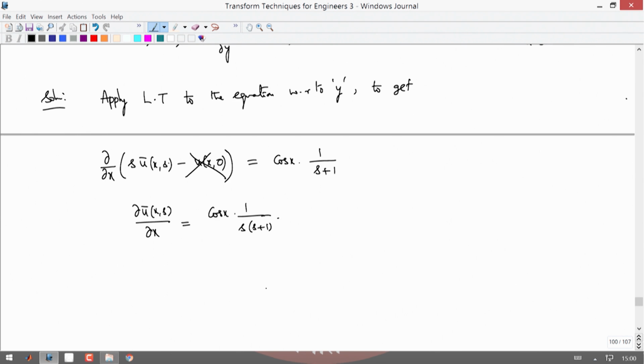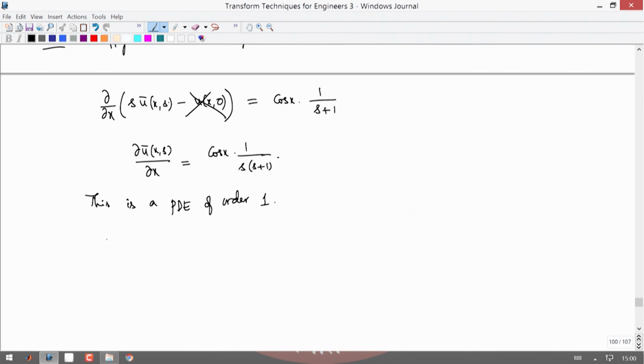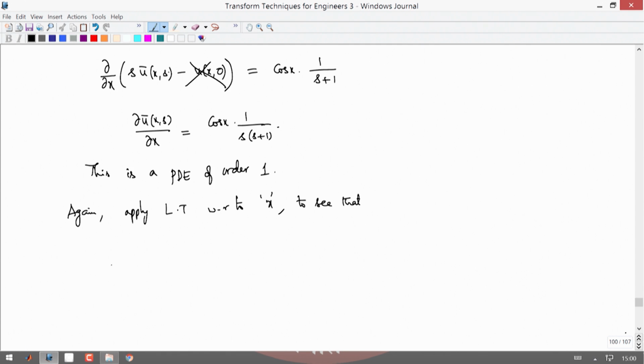How do we solve this? This is a first order PDE. You can directly integrate, or once again you can apply the Laplace transform with respect to x now, and see what we get.